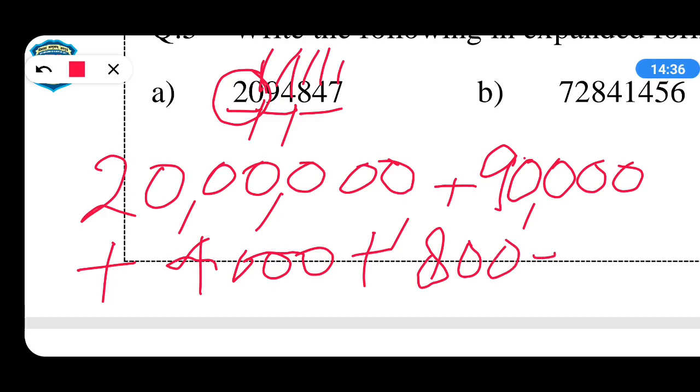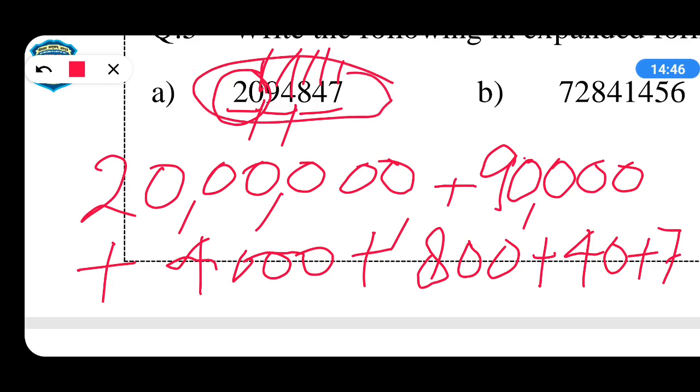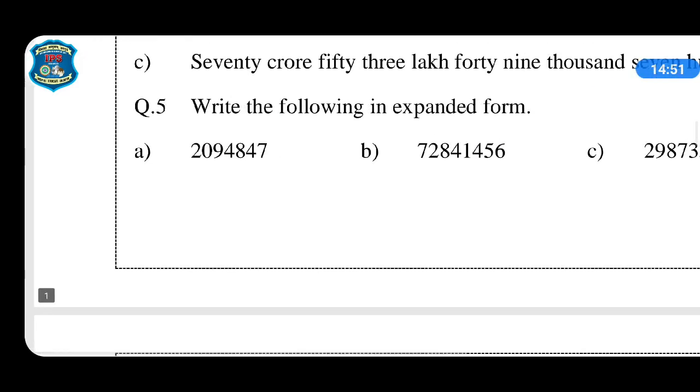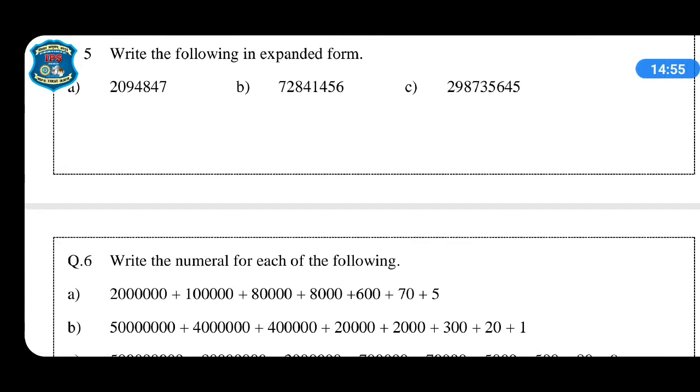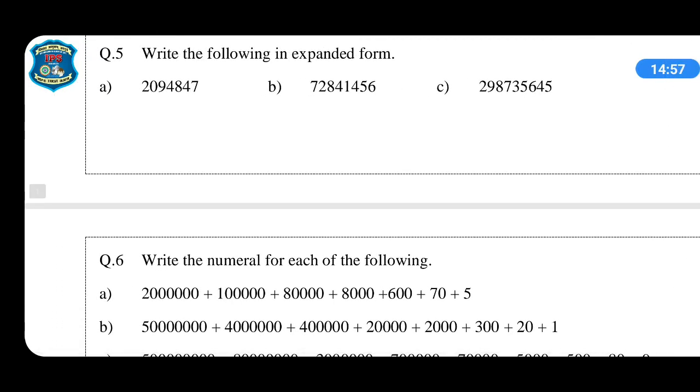Then 40. The next is 7. So 7. This is the expanded notation of the given number, right? So you have to write the given number in expanded form. You have to expand the given number. Got it? This is question number 5.